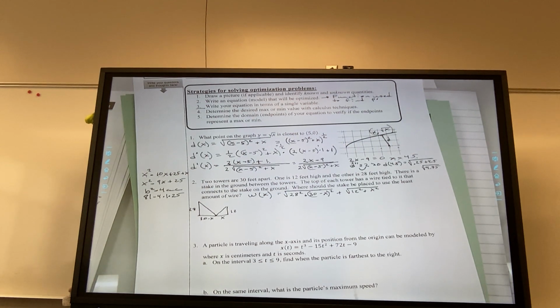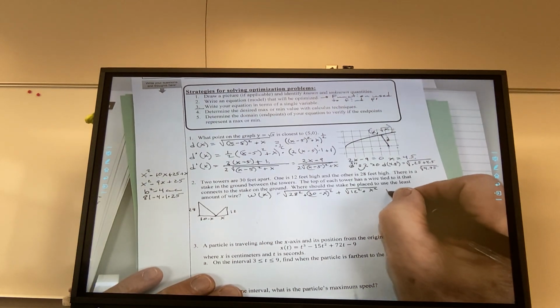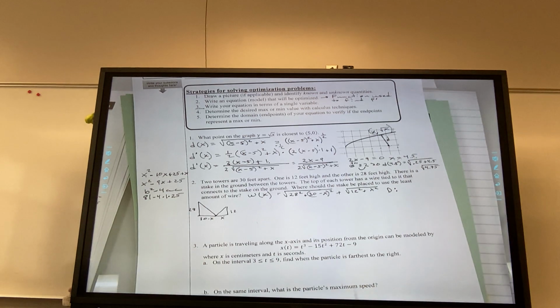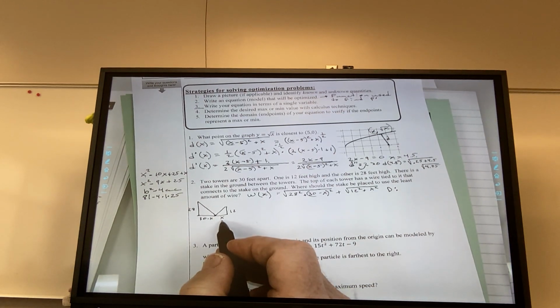And we use the Pythagorean theorem to come up with those. Okay, now, you're going to see me use the domain in this case. Obviously, 0 isn't a good choice, correct?